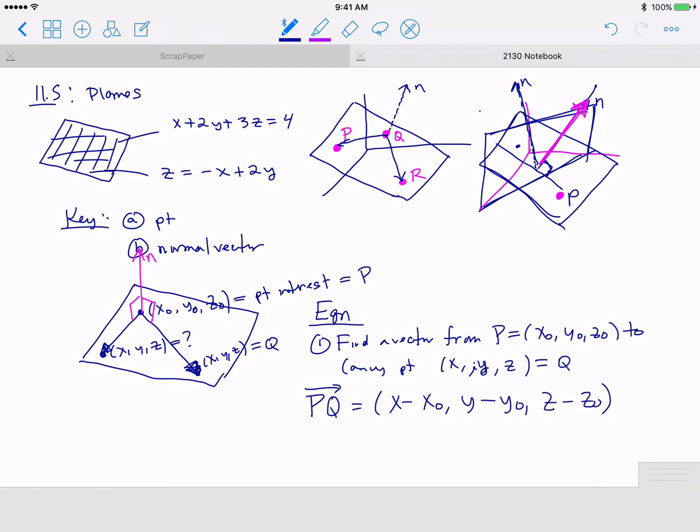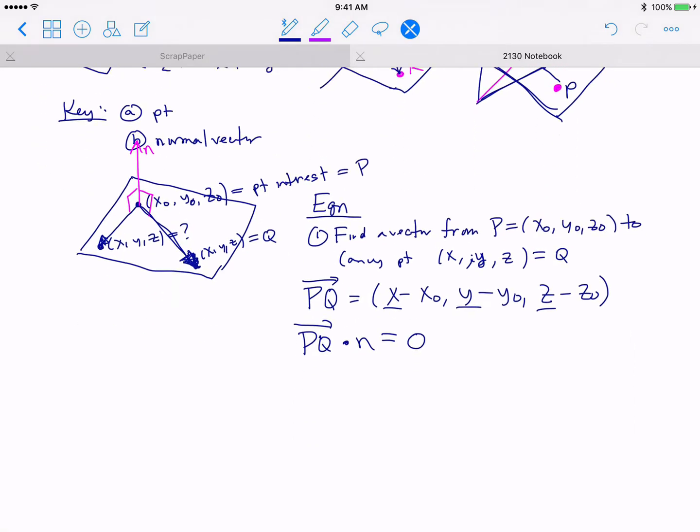So we're looking for all the points x, y, z so that when you create a vector from the point that you're interested in to some point x, y, z, Q, it must dot product with the normal vector, and since the normal vector is perpendicular to this plane, you get 0 as the dot product.